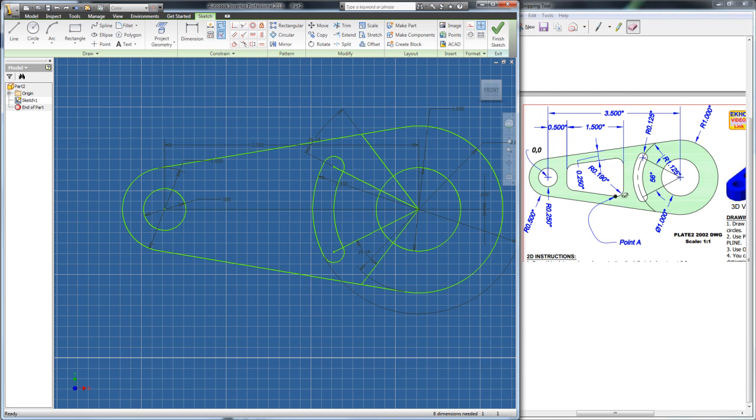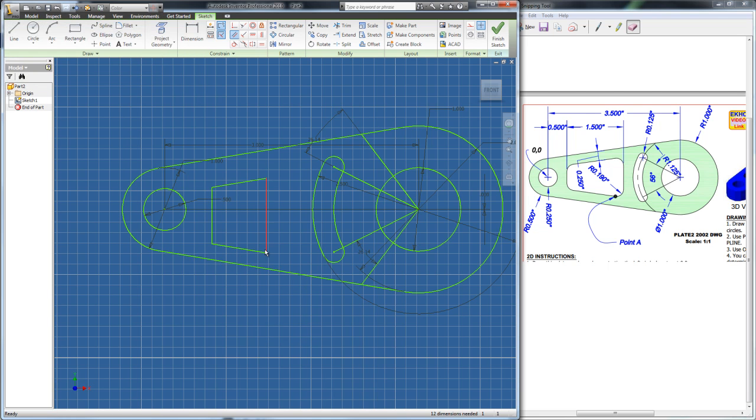Now let's make this part. So we need a couple parallel lines here. And then we need to join them up. Now we need to constrain this parallel with that, and this parallel with that.